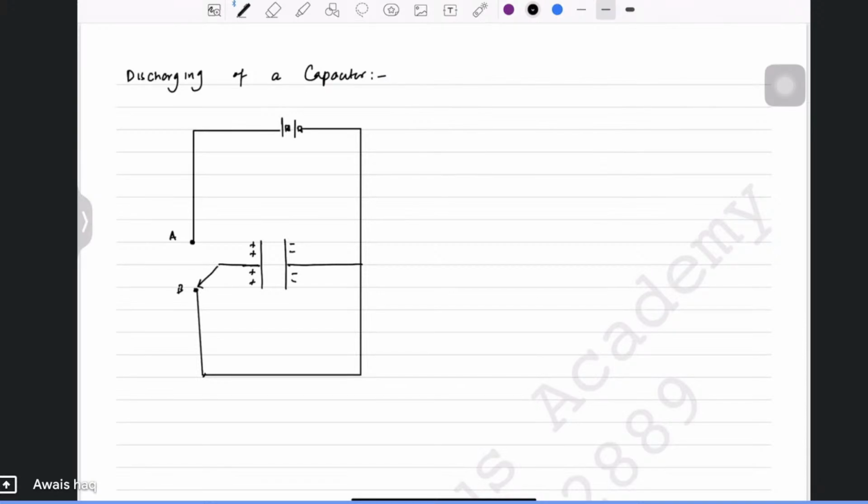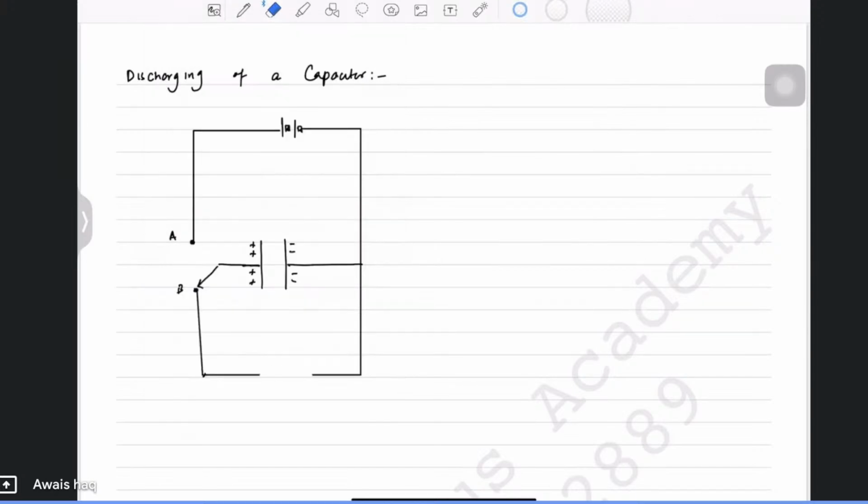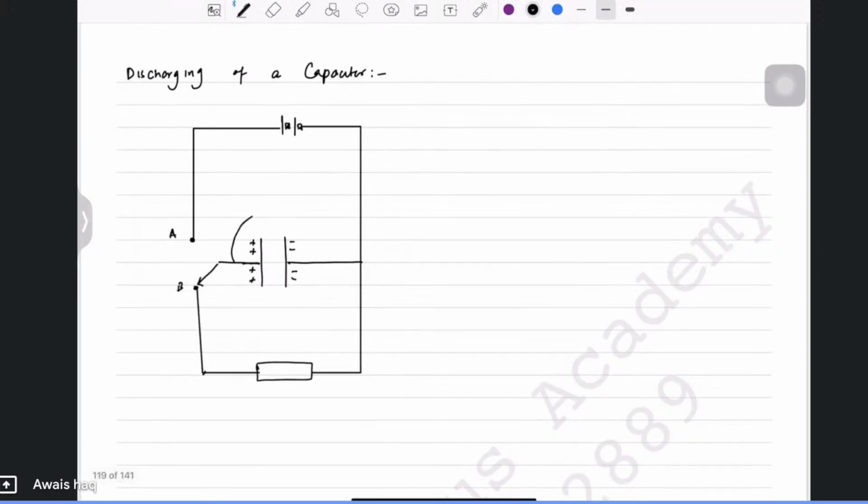So disconnect the battery, but because the capacitor has voltage, the capacitor is going to provide the energy through the current that will flow from one of the plates, go through the resistor and back to the capacitor's other plate, and this way it is going to supply the current.